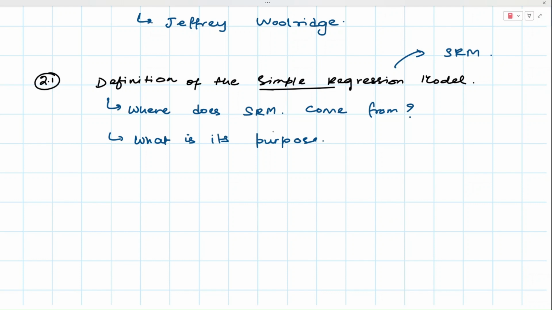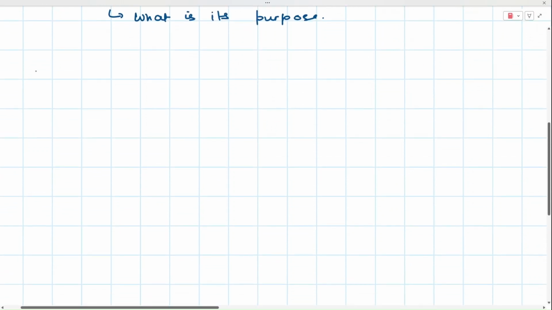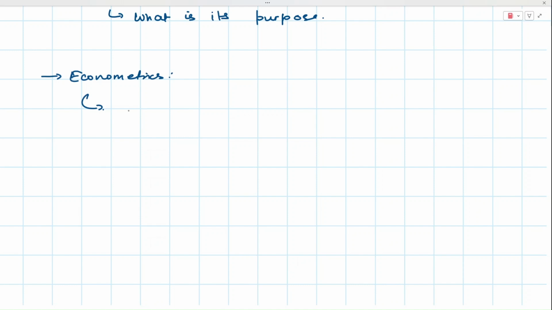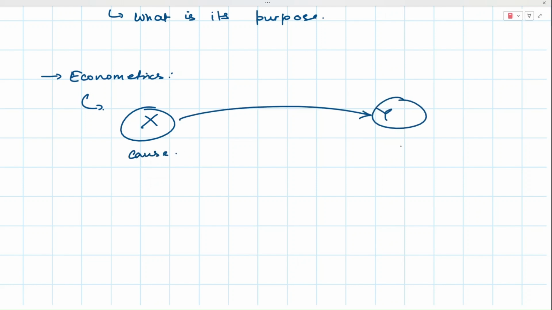When we start with econometrics, what is the main idea of econometrics? One of the main ideas, I wouldn't say the entire thing, is that there's some cause variable x and that causes some result y. Suppose there is good rainfall. If there is rainfall, then there is agricultural output.